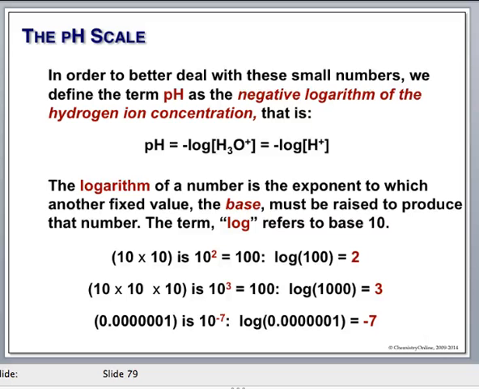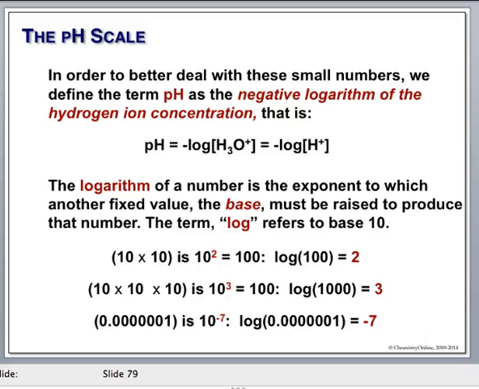Log of 1,000 is 3, simply the exponent. If I told you I had 0.000001, you could write that as 10 to the minus 7, couldn't you? The log of 10 to the minus 7 is simply the exponent, minus 7.